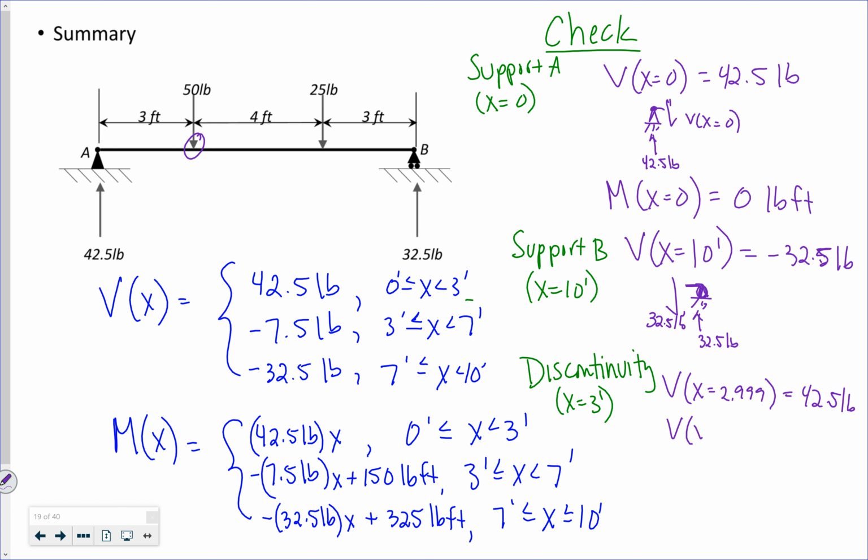If I look directly after I apply that load, at x equal to 3 feet, I get negative 7.5 pounds. The difference, 42.5 plus 7.5, is 50 pounds. Makes sense. You add a 50-pound load, your shear is going to change by 50 pounds.